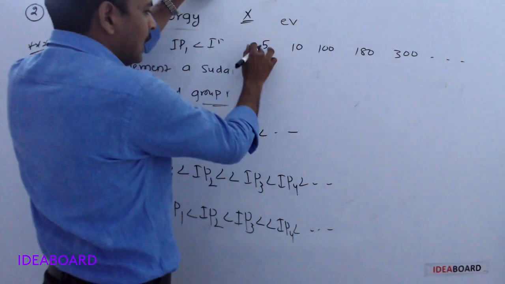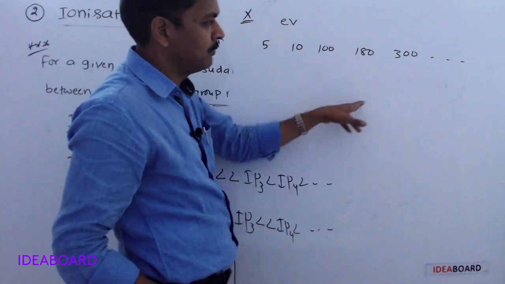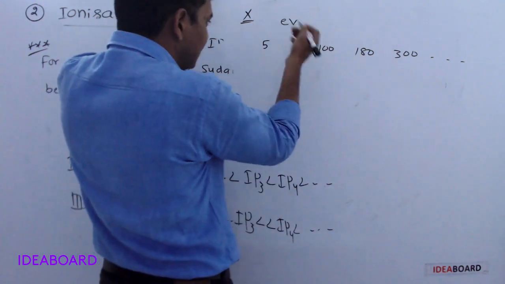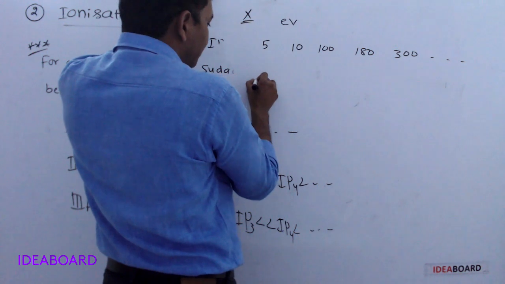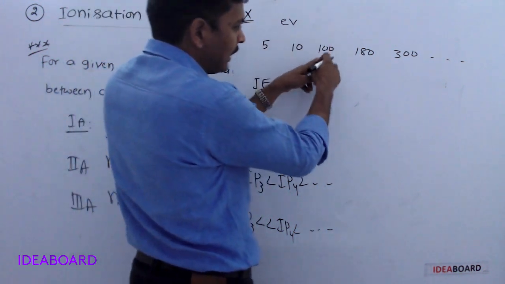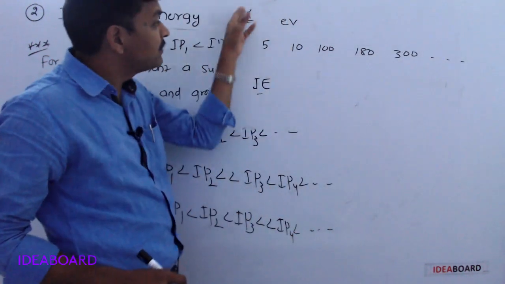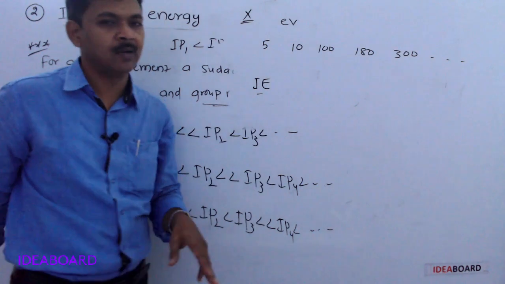This is the IP1 value, this is IP2, IP3, IP4, IP5. Ionization energy, IE or IP, values are given: IE1, IE2, IE3, IE4, IE5. The question: the element X belongs to which group in the periodic table?